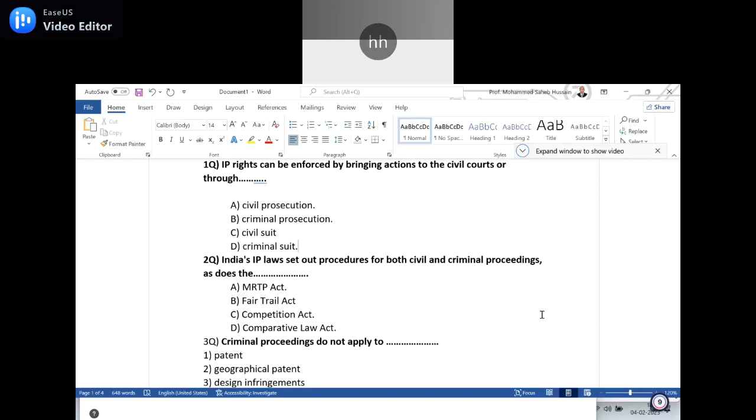Shoot among the ABCD. Sir, option B, Fair Trial Act. Wrong. Second option.